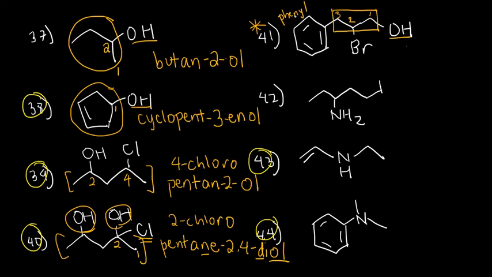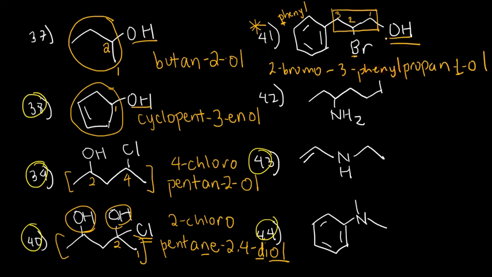So we have a 3-phenyl and 2-bromo, and we can just start first with the parent containing 3 carbons. And of course, we suffix this as ol, and you need to, as always, indicate the position of the OH. In this case, it's number 1. And we have here a bromo, B, and phenyl, P. Alphabetization tells us you start with bromo. That's 2-bromo, and then 3-phenyl. And this is the final name.